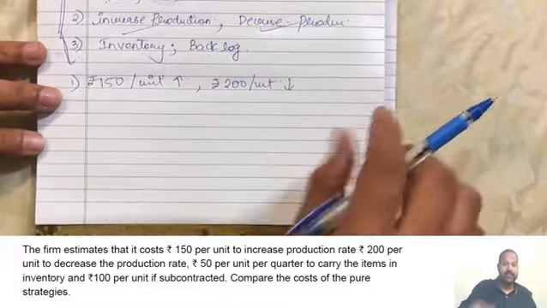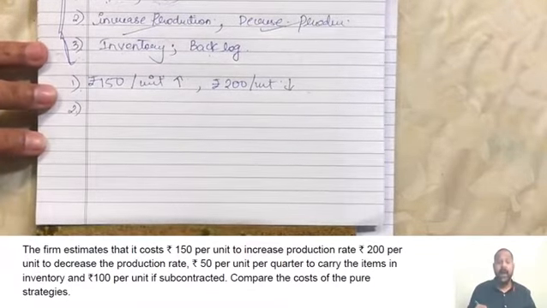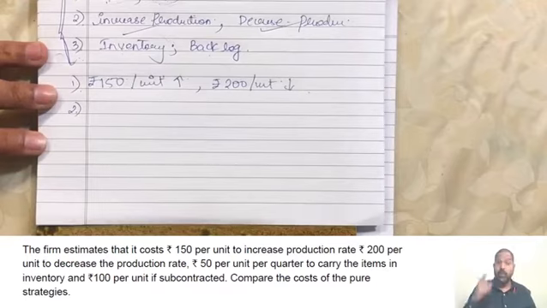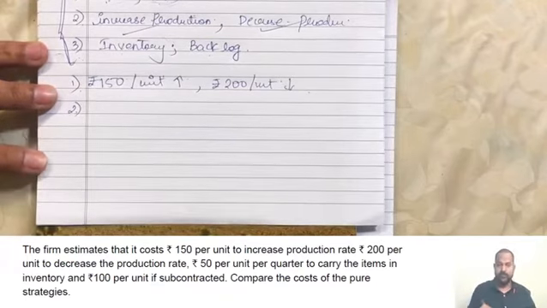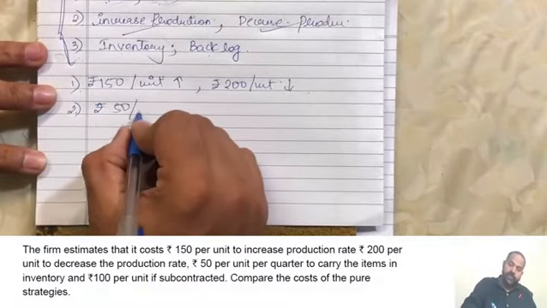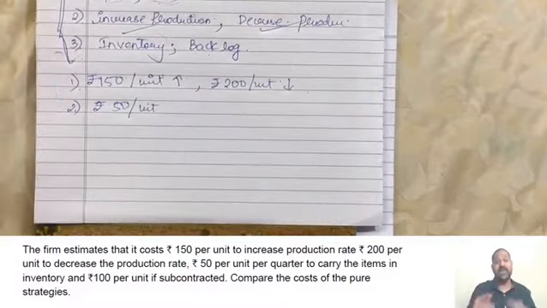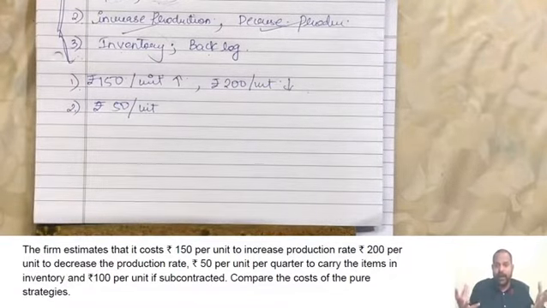What is the other strategy? Well, the other strategy is rupees 50 per quarter to carry inventory. Okay, so you are letting me carry inventory at rupees 50 per unit per quarter, which means if I make extra, that goes into the inventory.